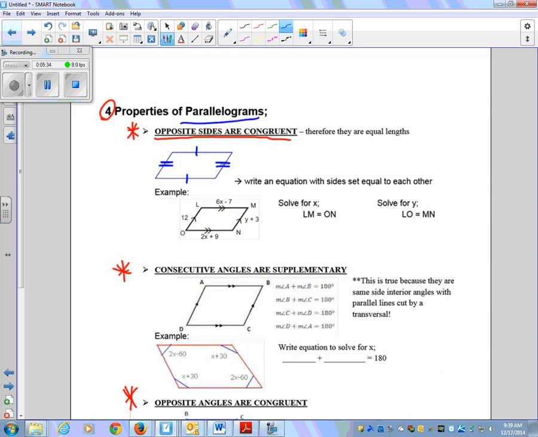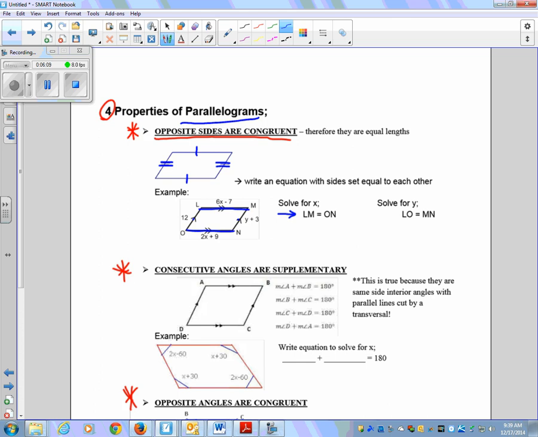Here's an example. They could give you some expressions on the sides. Here, they're not even telling us that the sides are congruent. You just have to know the theorem. They mark the two pairs of sides parallel, so in your head you say, oh, it's a parallelogram. I know that theorem: opposite sides are congruent. So LM is equal to ON.